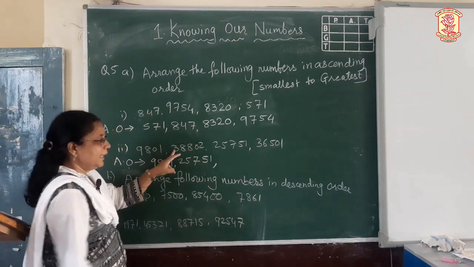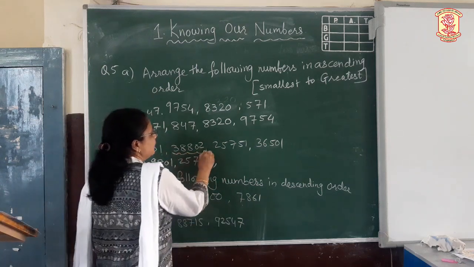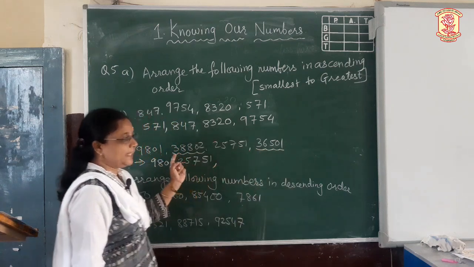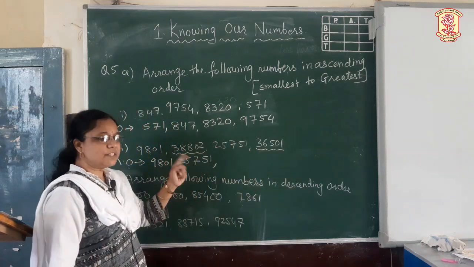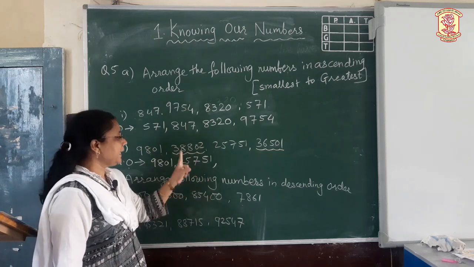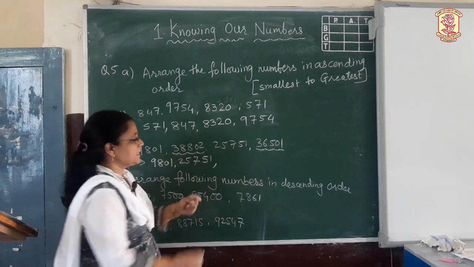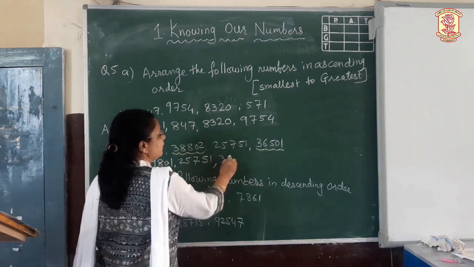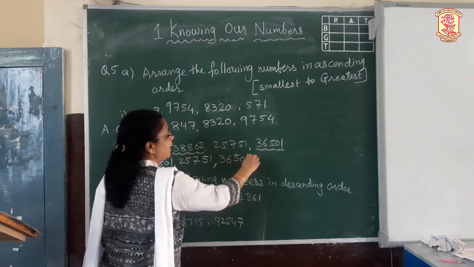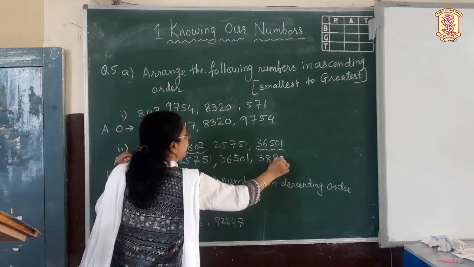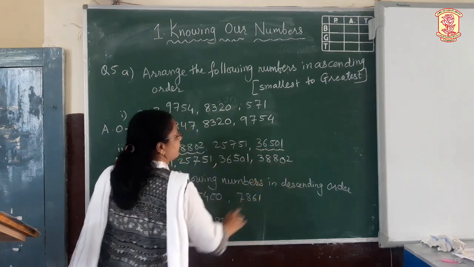After that, in these 2 numbers, the extreme left digit is the same, that is 3 and 3. Now think for the second digit. Second digit is 8 and 6. 8 is greater than 6. Therefore, third will come 36,501 and the last 38,802.